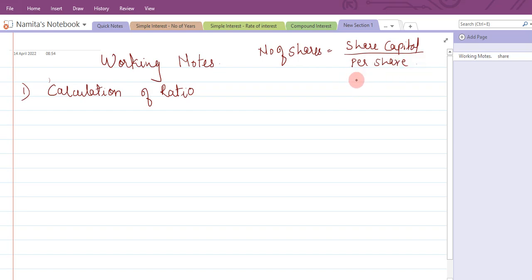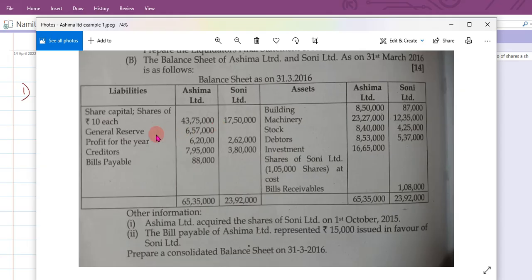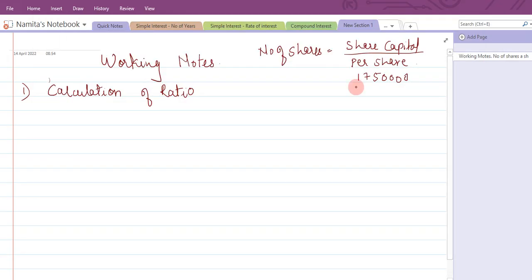Sony Limited's share capital is 17,50,000, and each share is of 10 rupees. So divide it by 10 rupees.